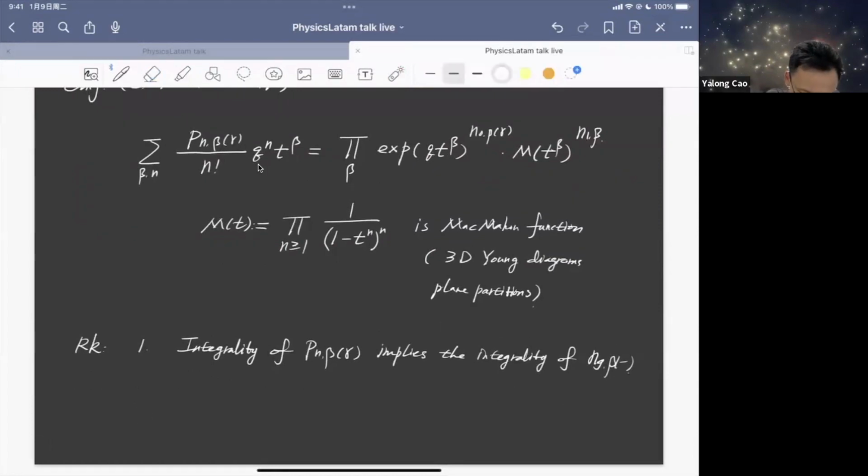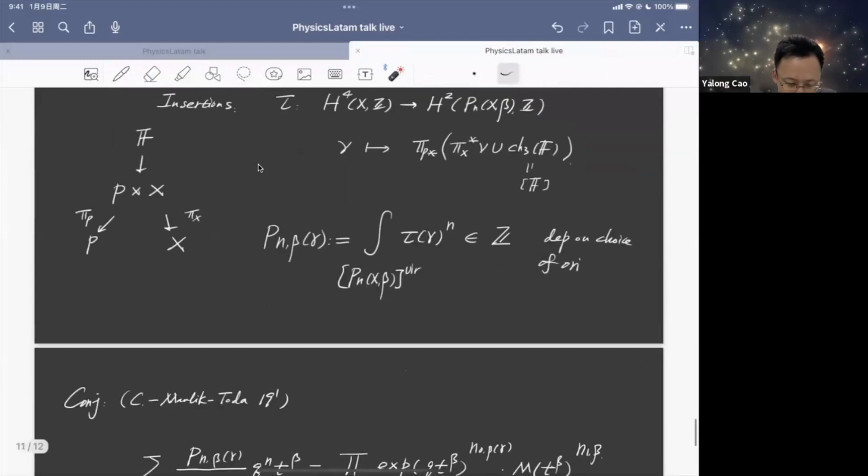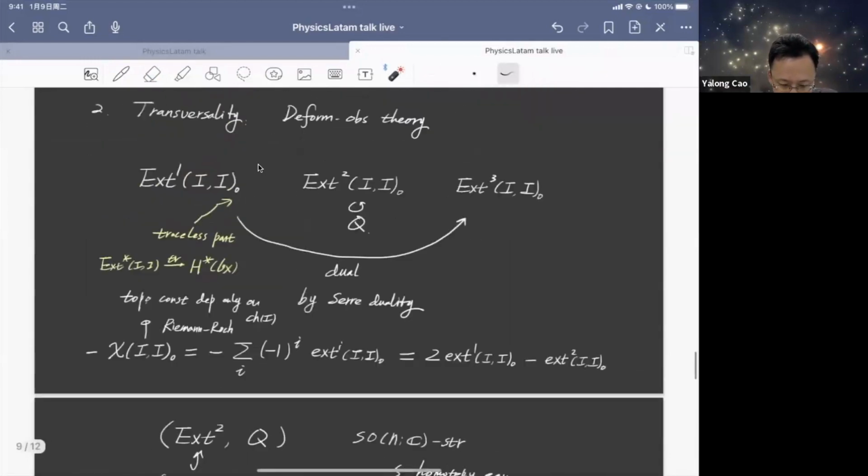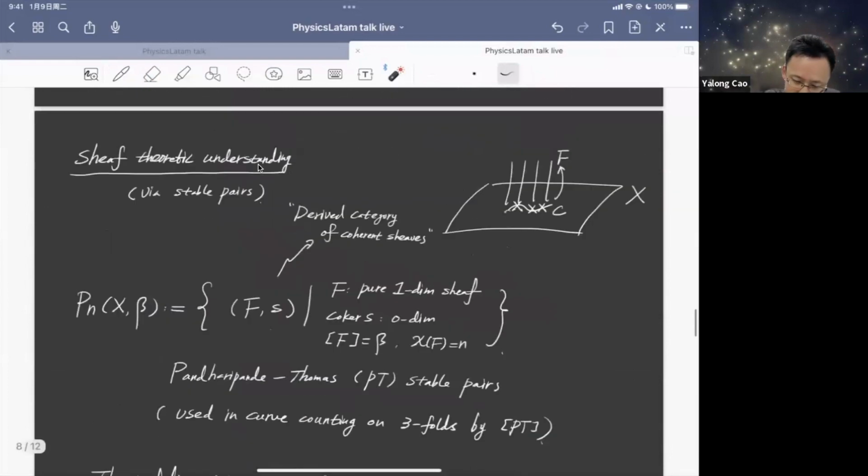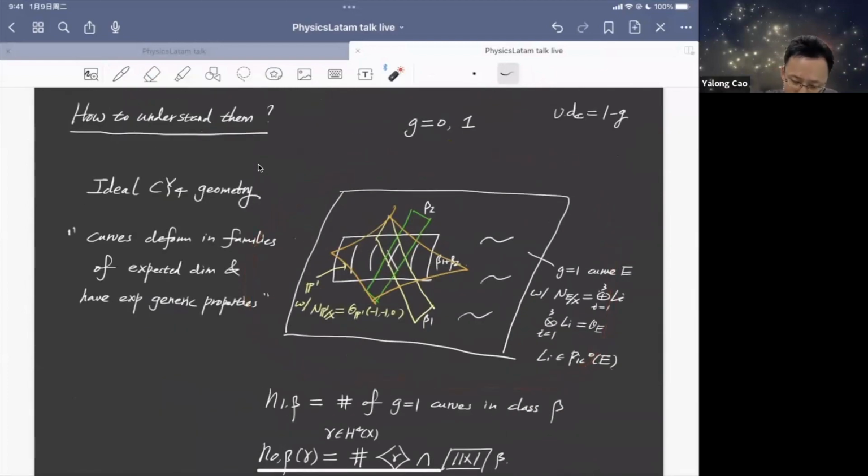The second thing: this conjecture is written down, or you can say it's proved, in the ideal case which I mentioned before. In this ideal geometry, you just compute the stable pair invariants in this ideal picture.